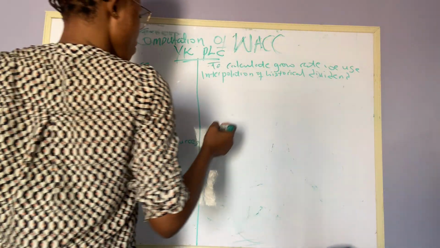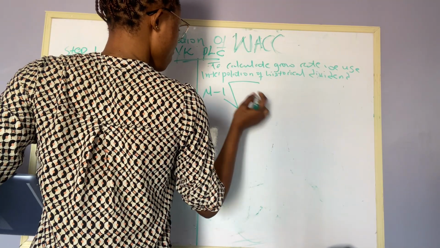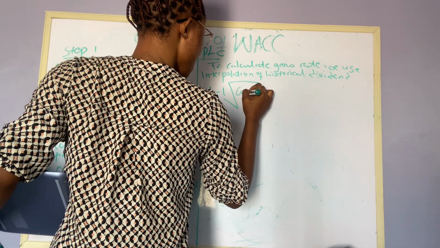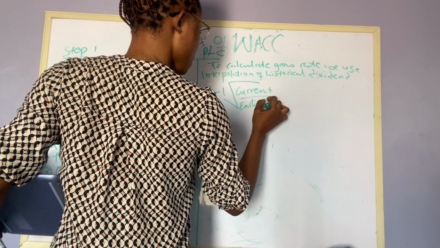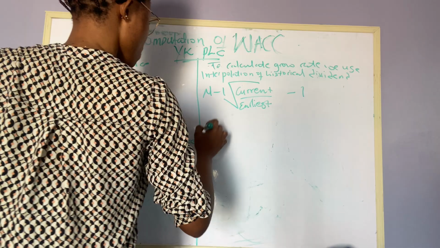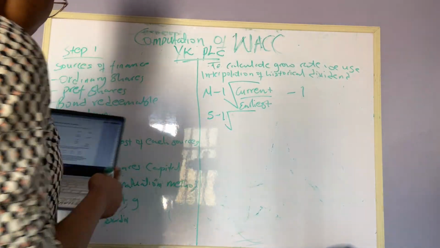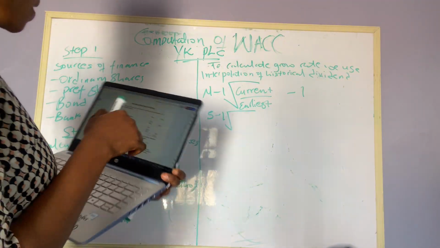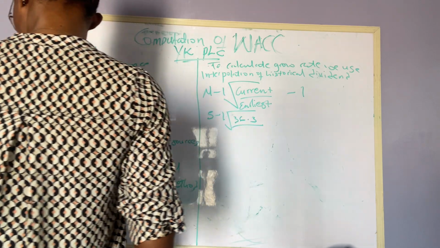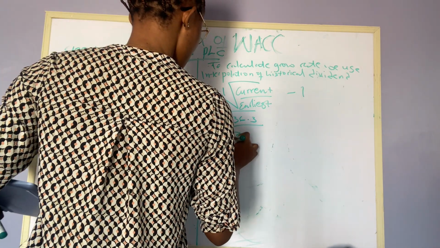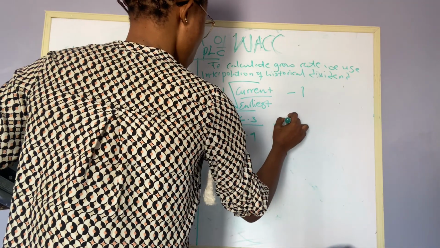Now, the next thing we want to do is to write out the formula, which is the (n minus 1) root of current dividend over earliest dividend, minus 1. So n, which is 5 years, minus 1, the root of, what is our current dividend? Our current dividend is 36.3 kobo, all over our earliest, which is 30.9 kobo, minus 1.